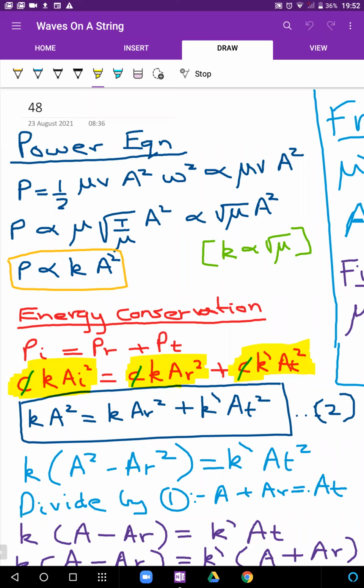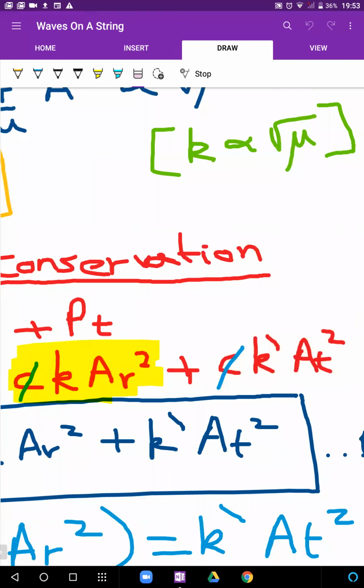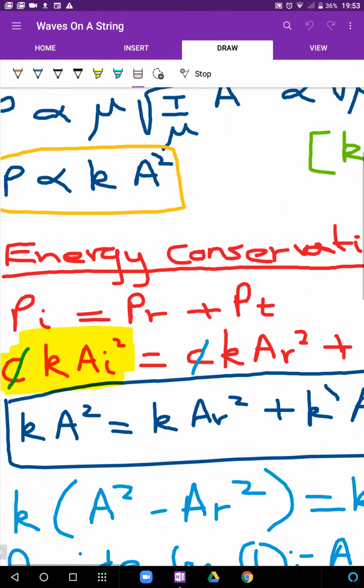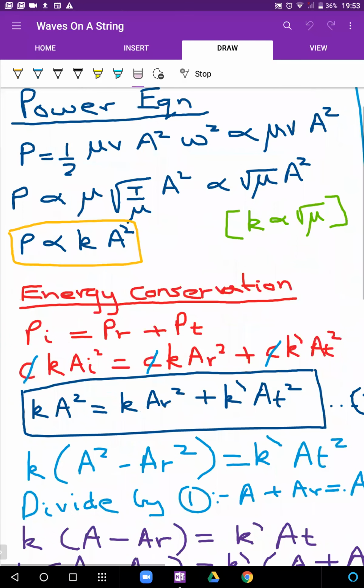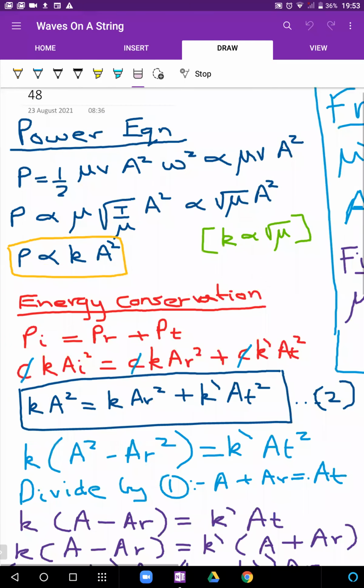Bear that in mind. For transmission, k is different because this is now a different medium. C was the constant of proportionality. Naturally, that cancelled out from all three terms. And then you get k A I square is k A R square plus k dash A T square.